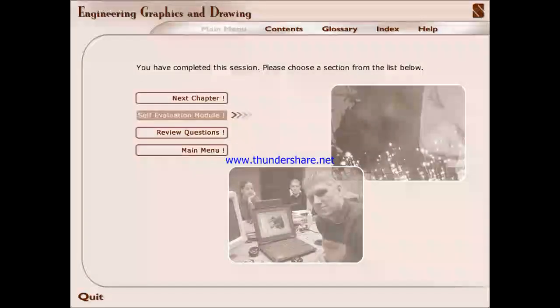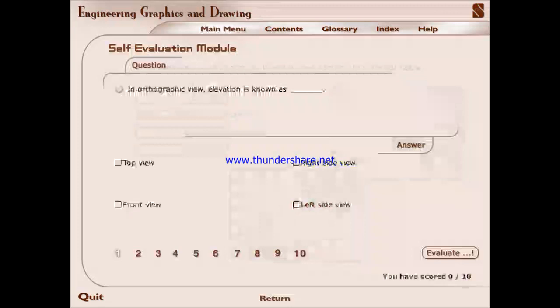Now let us evaluate, to understand a little bit regarding the self-evaluation modules. In orthographic projection, the view from the front is known as front view.